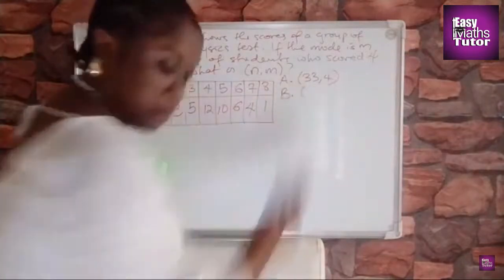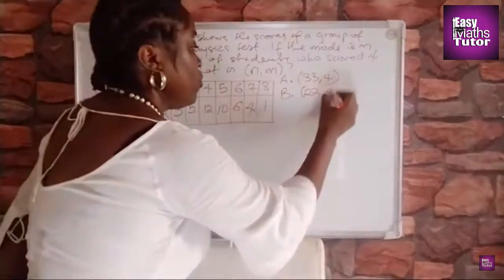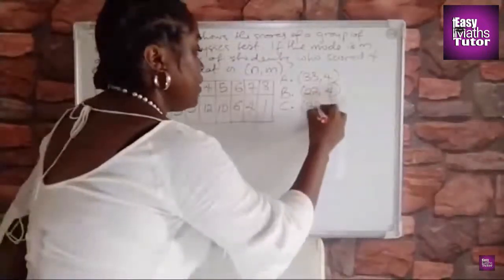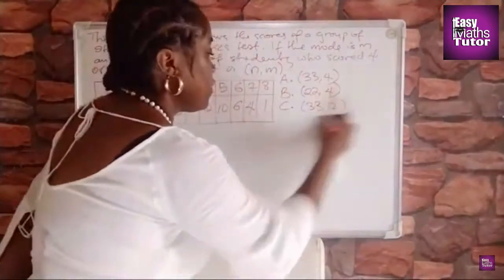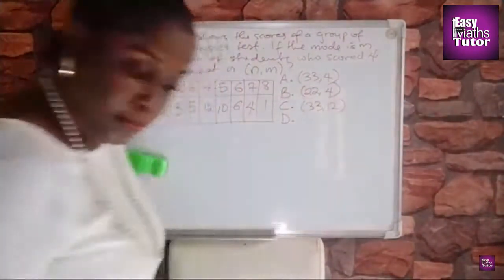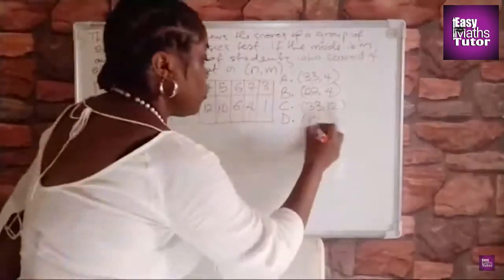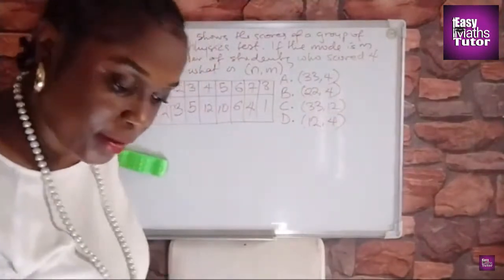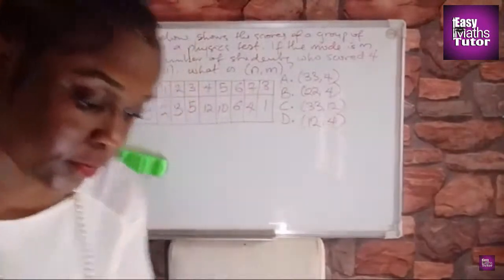Option B is 22, 4. Option C is 33, 12. Option D is 12, 4.